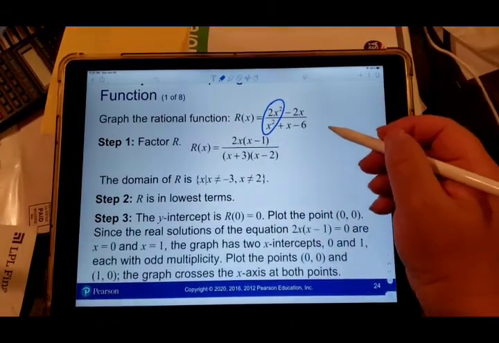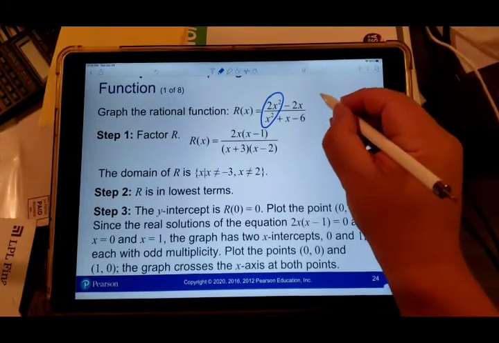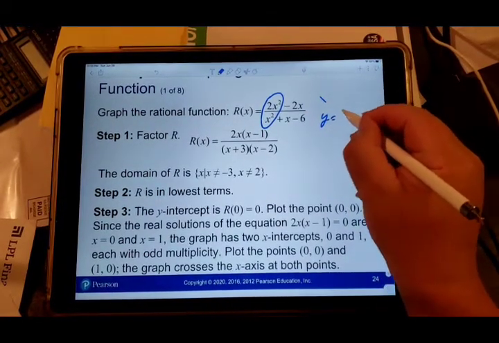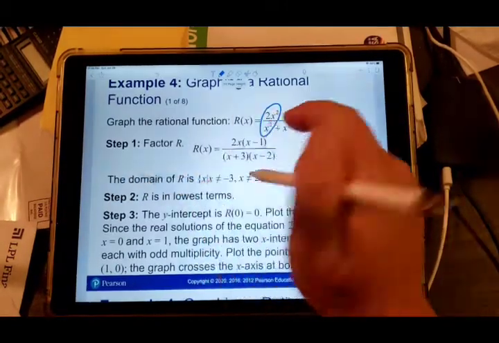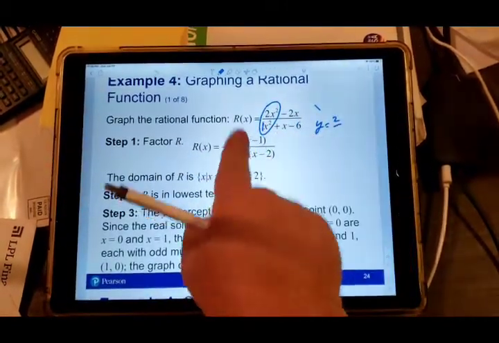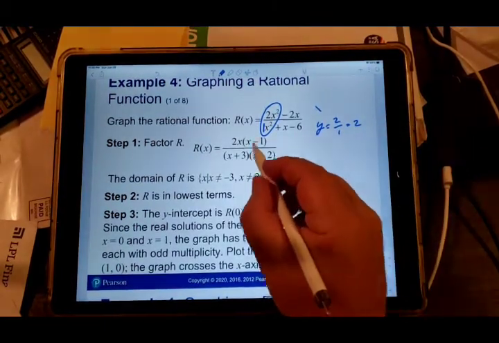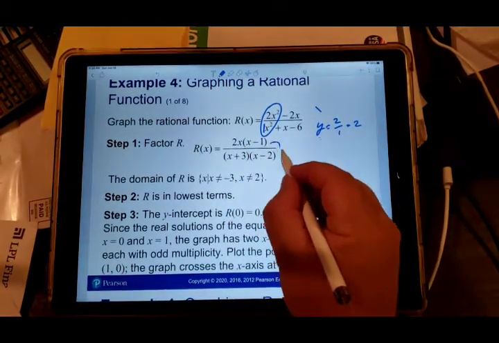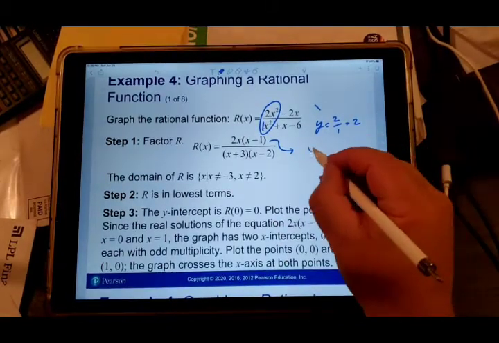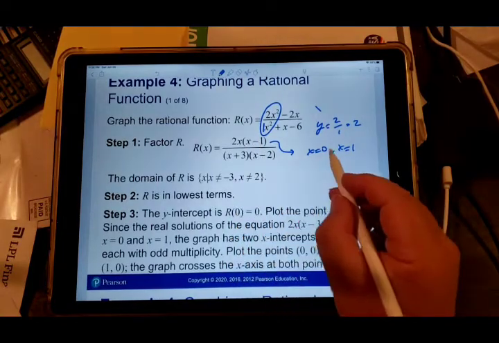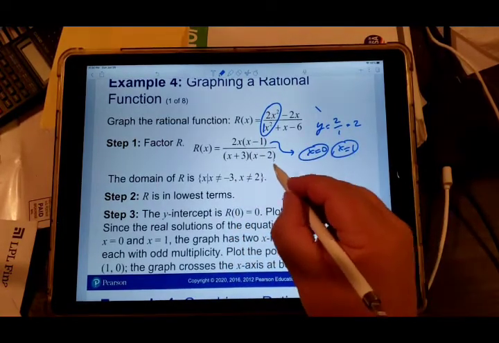All right. Notice the degrees are the same. So the horizontal asymptote is y equals this 2 over that 1. So it's y equals 2. Setting the numerator equal to 0, I know that x equals 0 and x equals 1 are going to be my x-intercepts.